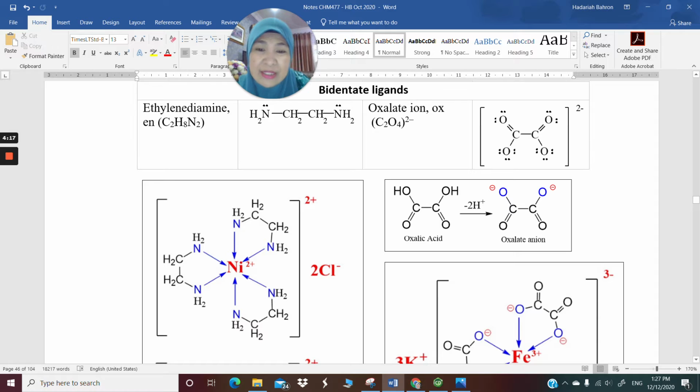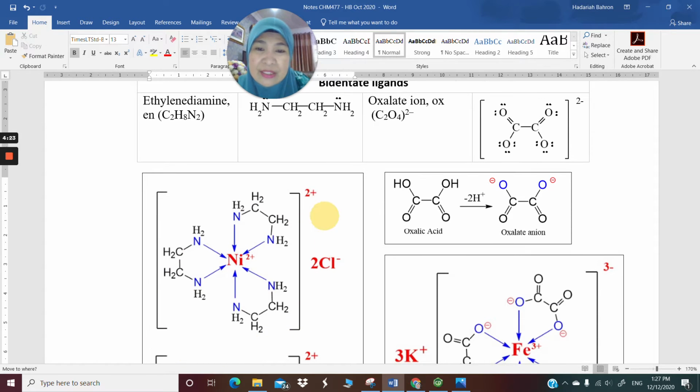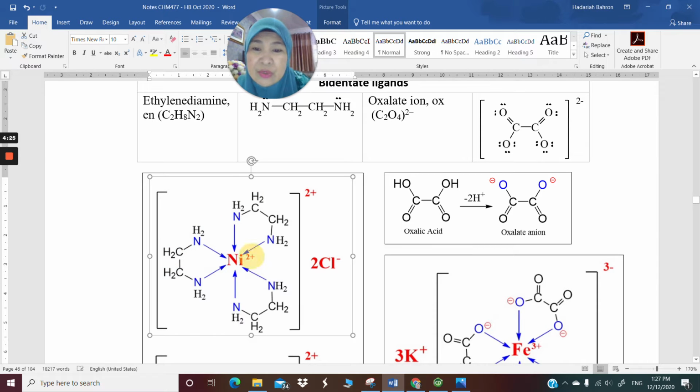Whatever is in the square bracket is called the complex ion. So you have one, two, three ethylene diamines bonding through nitrogen to nickel, and so on, until six times.